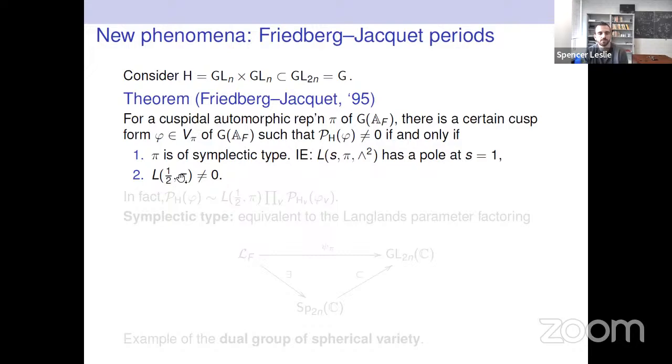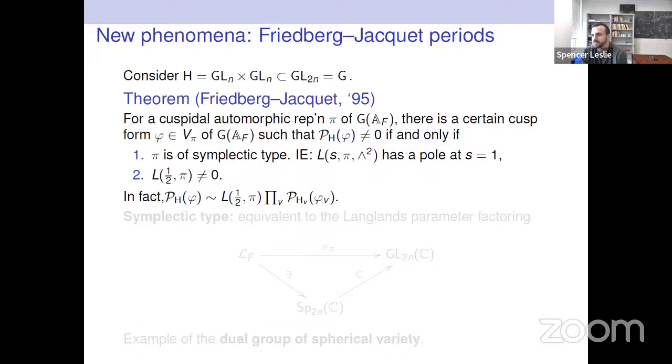In fact, what they prove is a formula very analogous to what happens in the Hecke setting, that the automorphic period itself is proportional to a product of this form. So there's similarly a local and a global question. The point of bringing this up is that even looking at this formula, it's very similar to the Hecke case. It's this symplectic type assumption that's novel.